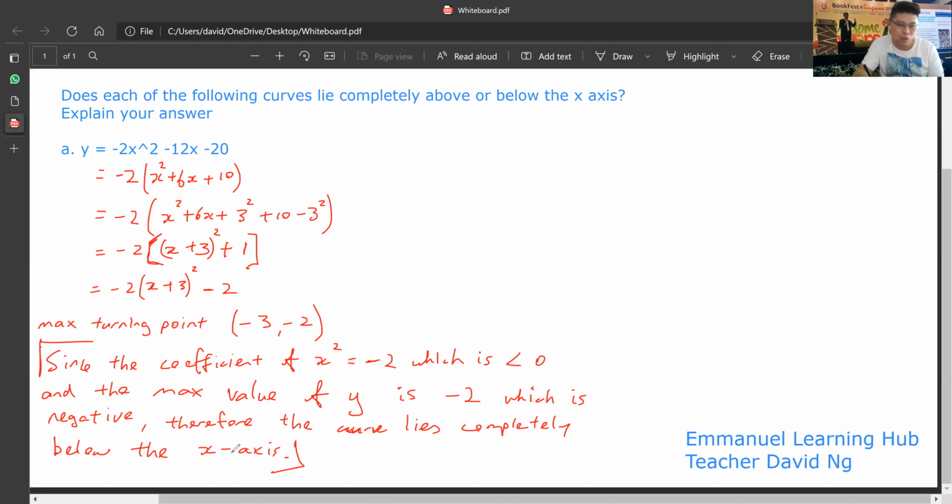If you do completing the square correctly, you get a turning point, you get 1 mark. But if here you explain in a way that's not so clear, you will lose the 2 marks. So how to explain in a way that's clear? You have to explain how come it is an N-shaped curve.